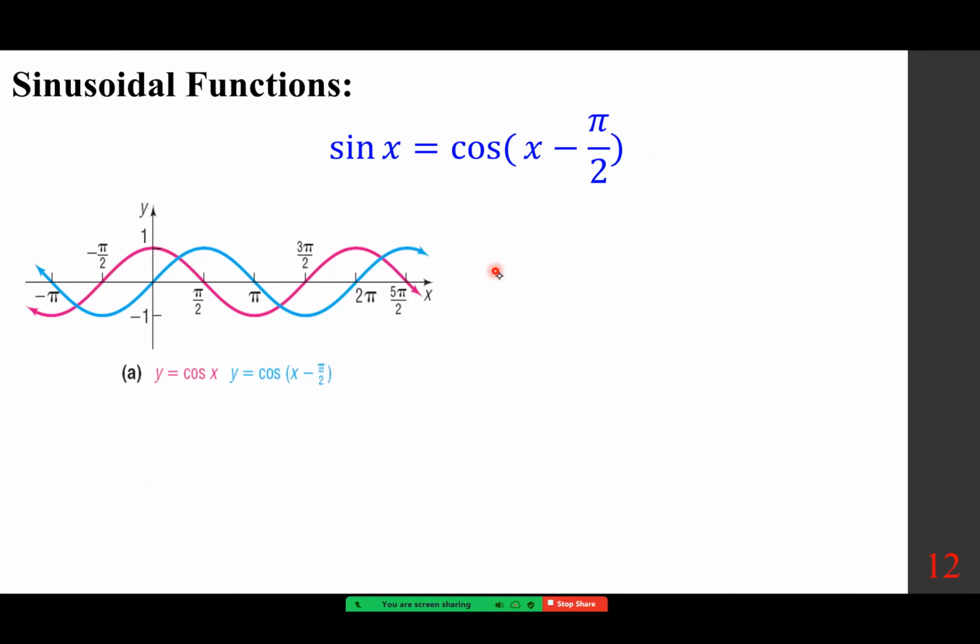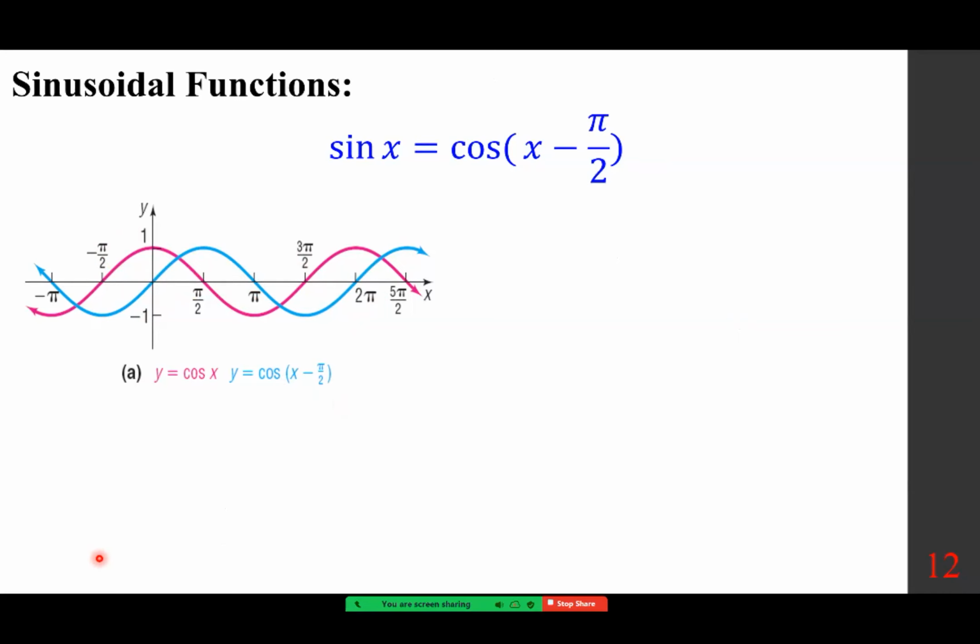The red one is a cosine function. But if you move the blue one to the right by pi over 2, it becomes identical to the red one. Again, the blue one, class, look at the graph. The blue one is really sine x, and it's the same as cosine of x minus pi over 2.